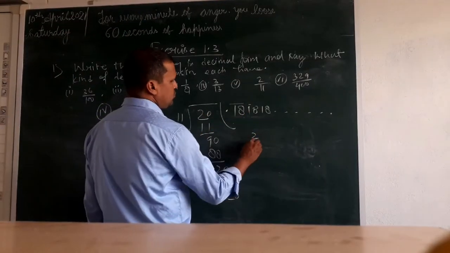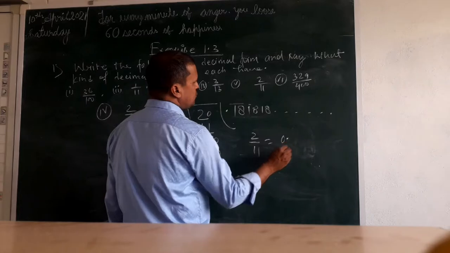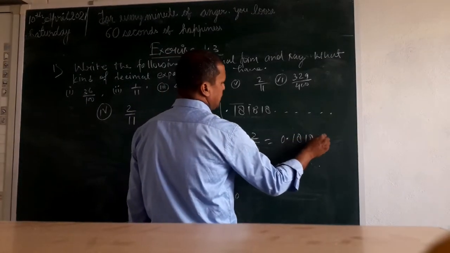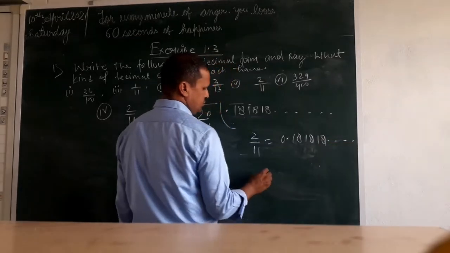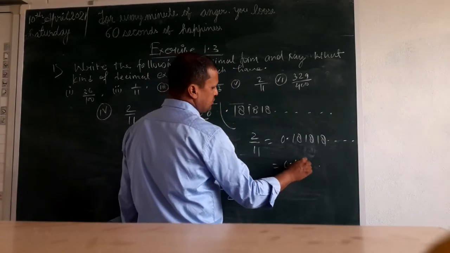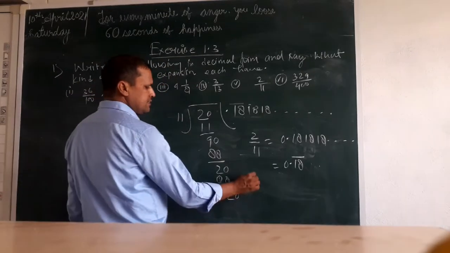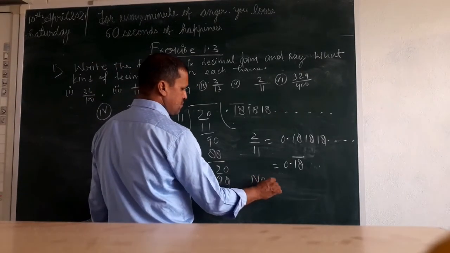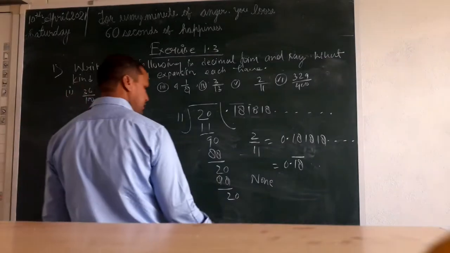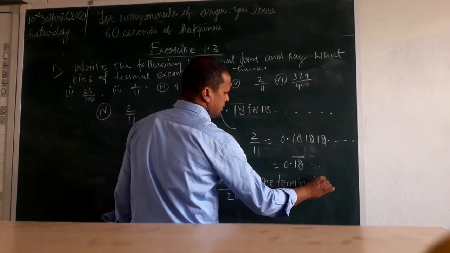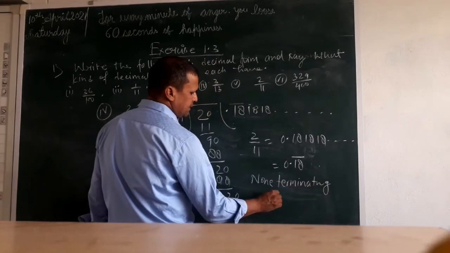So 2 by 11 can be written as 0.1818 and so on, meaning 0.18 with a bar. It means this is a non-terminating recurring number.